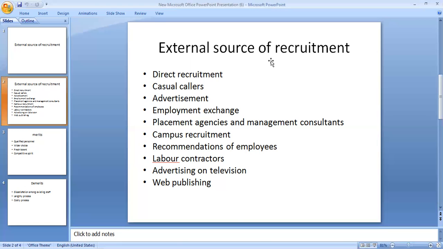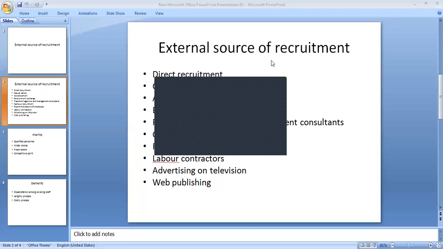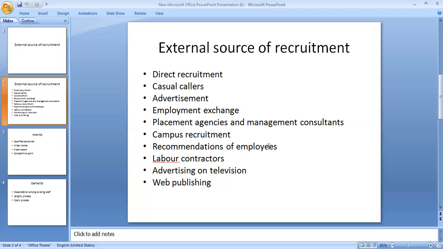With all these websites, you can feel free to log in and register your name along with your qualification, experience, and what kind of work or job you would love to do. Everything is registered, and definitely after some time you get better work even through these websites. So these are different methods and modes of external source of recruitment.